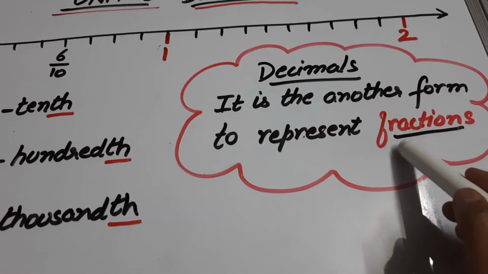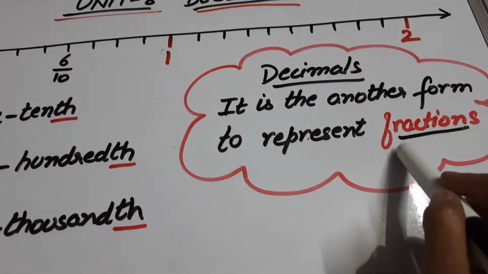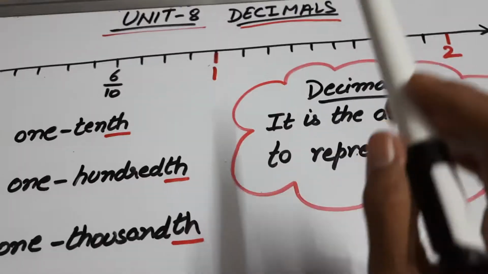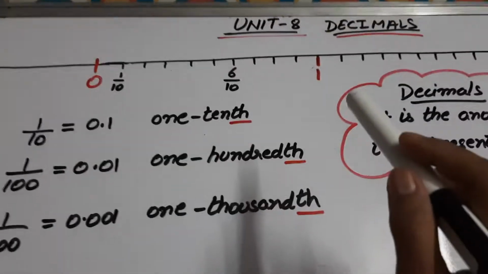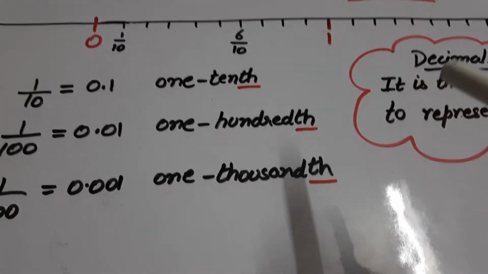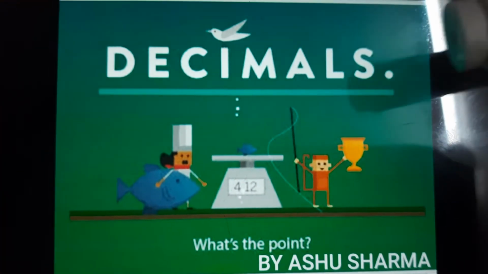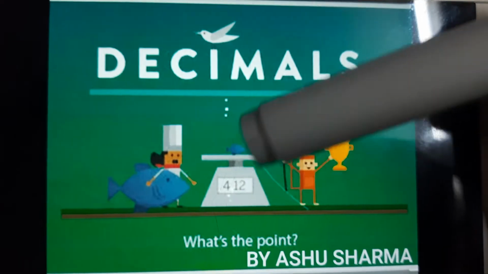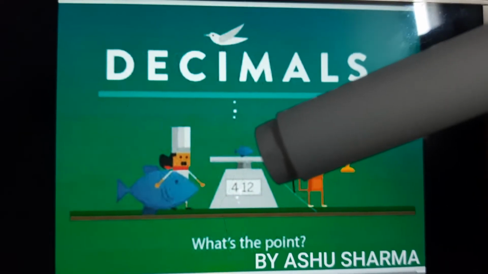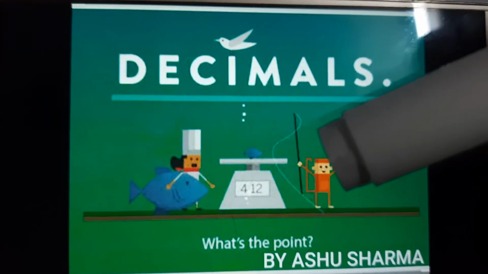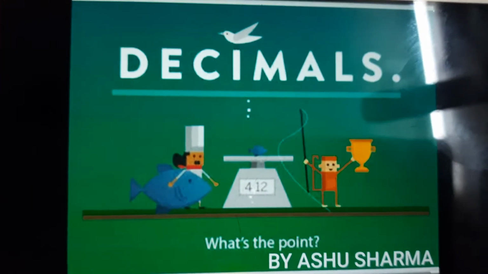So this is one more form in which we can represent fractions, as decimals. Now to understand decimals, let us see where they help us and how we represent them.